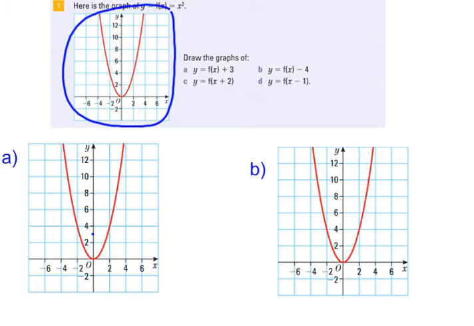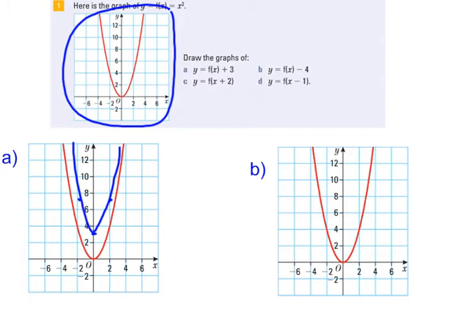So my y coordinates are going to go up 3, they're going to increase by 3. So instead of crossing at the origin, it's going to cross the y-axis here at 3. And every value is going to go up by 3. So it's going to look just as a sketch like this. It's been shifted up by 3.